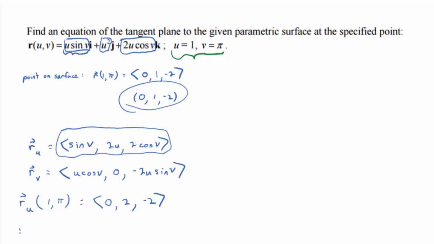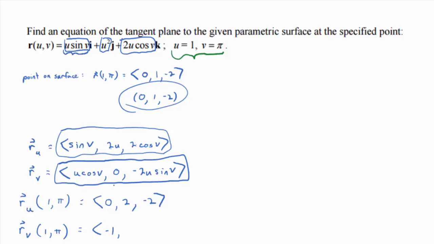Okay. And then the derivative of r with respect to v evaluated at 1 pi. You've got to focus your eyes on this. So u equals 1, v equals pi. You'd get -1 for the first component. Does everybody see that? And then 0, right?